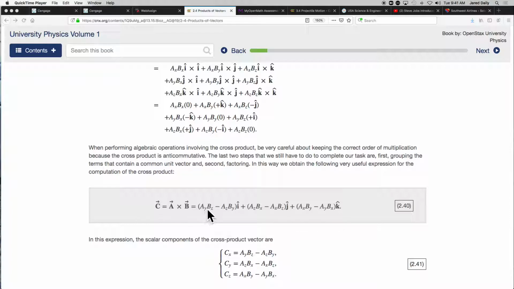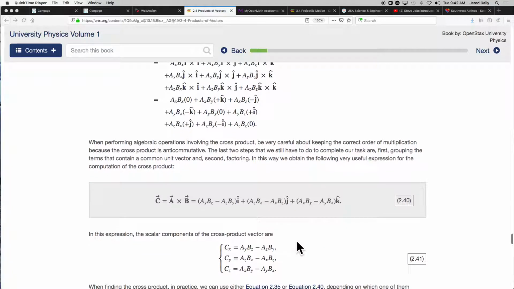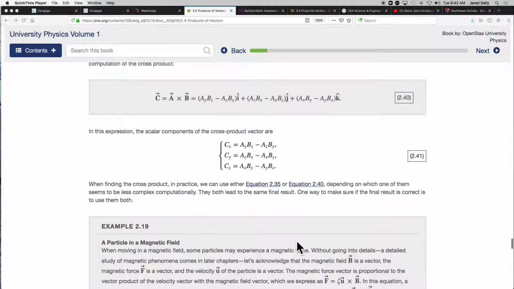You take AYBZ minus AZBY and multiply by I hat. AZBX minus AXBZ and you multiply it by J hat. And then AXBY minus AYBX multiplied by K hat. Is it possible that one of these turns to 0? Yeah, it is possible. But the more likely situation is that you get numbers out of here just because there's more possibilities for that to happen.